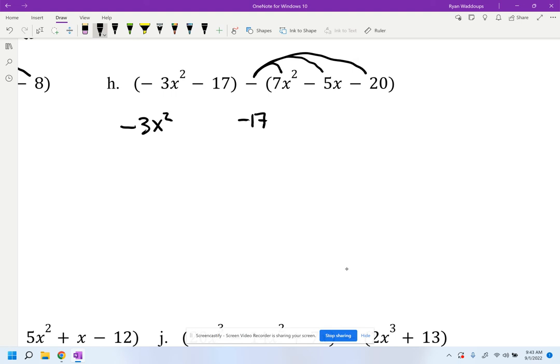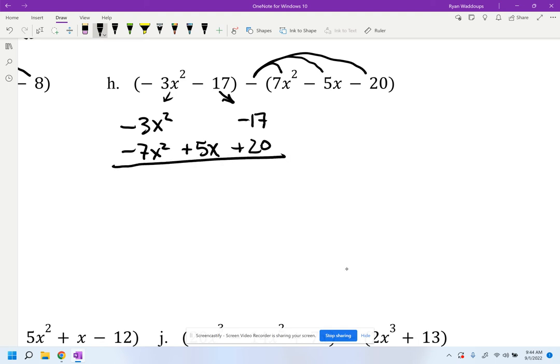So I just brought those two down. Okay, so now 7x squared becomes minus 7x squared. The minus 5x becomes plus 5x. The minus 20 becomes plus 20.